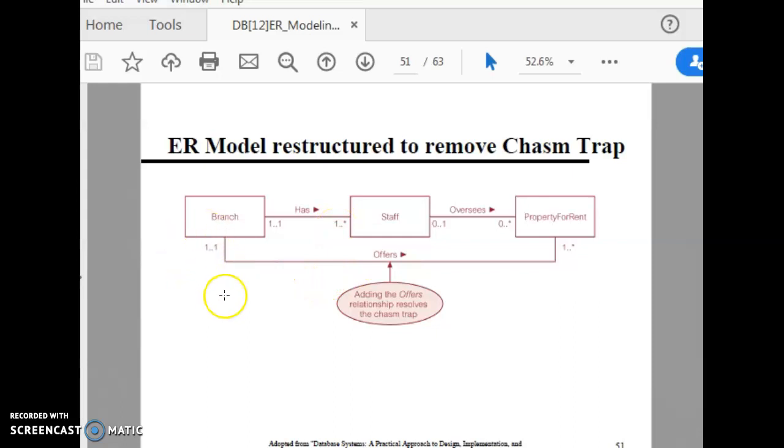So it becomes 1 to 1 at the branch entity type. Now, similarly, take maximum cardinality values between staff and property for rent. That is 1 is maximum here and many is maximum here. So keep it at property for rent. Now this offers relationship becomes like this. So 1 here, 1 to 1. Here 1 to many. So by this we can solve the fan trap and chasm trap.